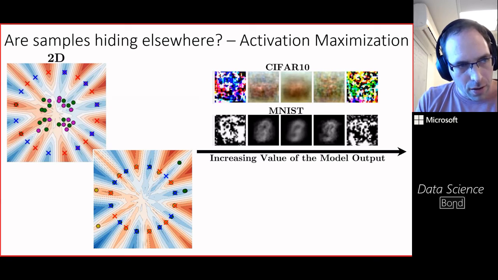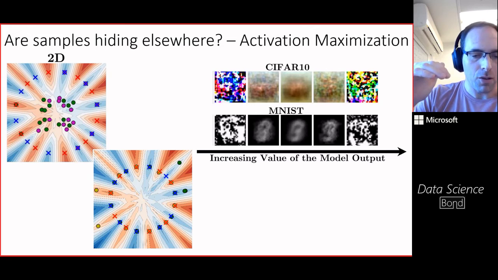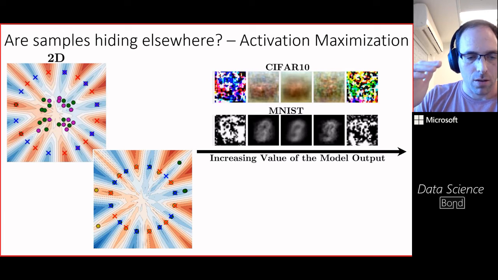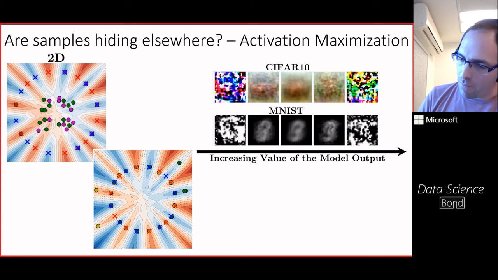So the first fully connected layer in an MLP is basically just a matrix where each row has the same dimension as the input dimension. So you can do the reverse, like the inverse matrix.